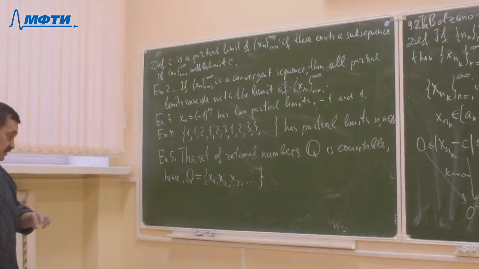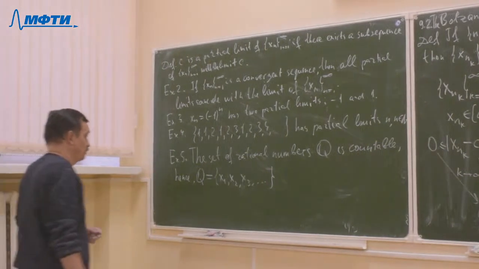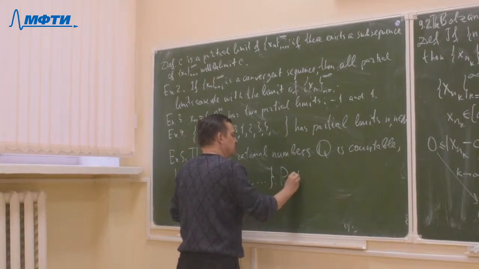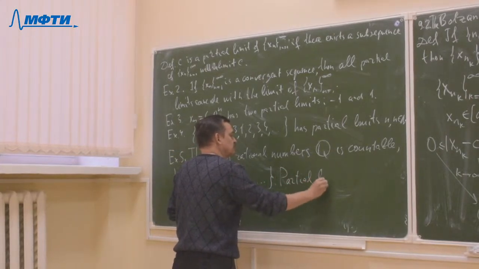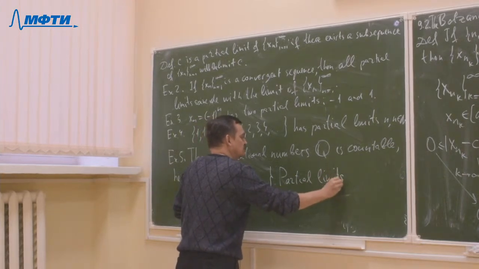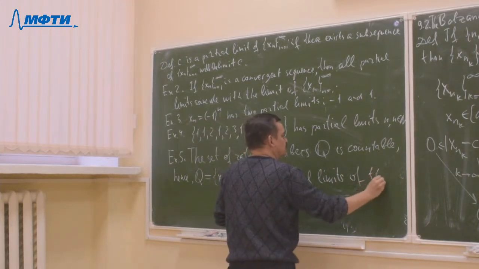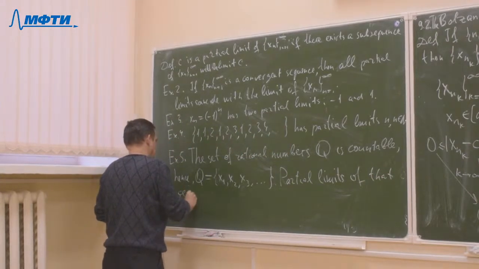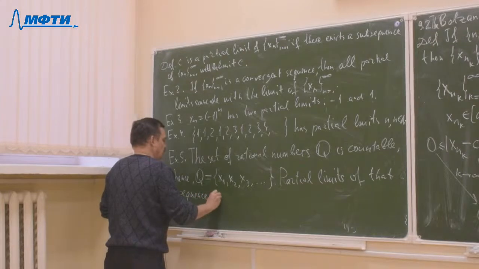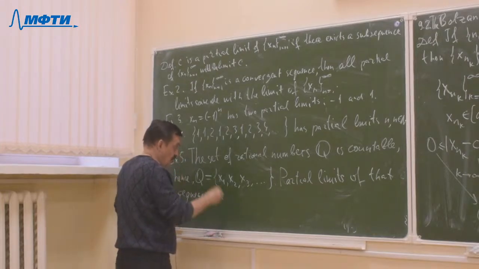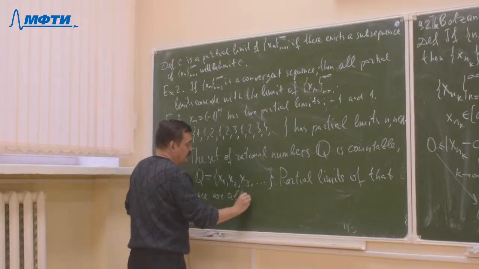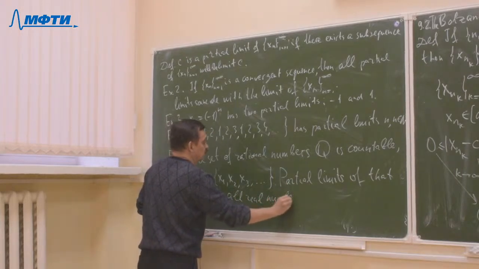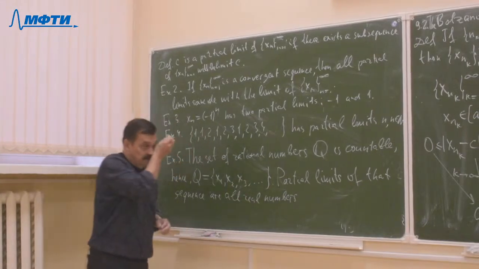So we have such a huge sequence, and what are the partial limits of that sequence? All real numbers. Why?